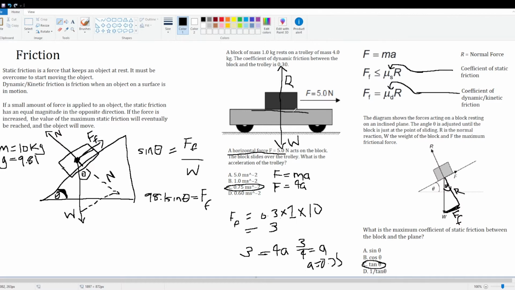And because of this, it is in the same direction that the trolley will accelerate, and so that is the force we're dealing with. The force that is applied to the block is not at all related to the force that is put onto the trolley. And so since we're dealing with the acceleration of the trolley, we want to know the force that is being applied onto the trolley as well. And that's only through the frictional force.